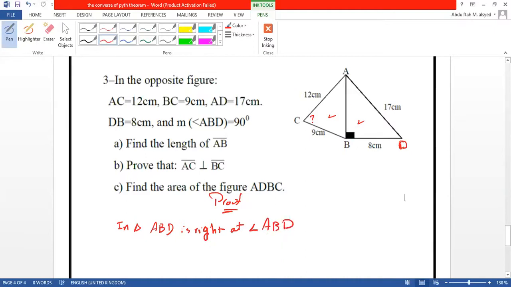Okay, this triangle is right, so you can use the Pythagorean theorem. But what is the required? The required is one side, so we have to subtract.